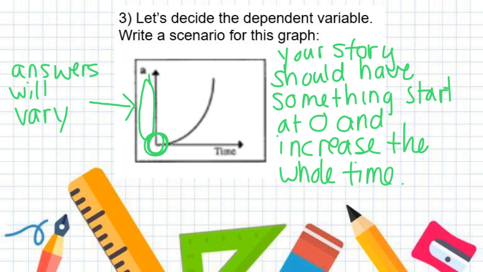So whatever you decide for your dependent variable will give you the settings, as we might say, for your story. Make sure your story starts at 0 and it's increasing the entire time.